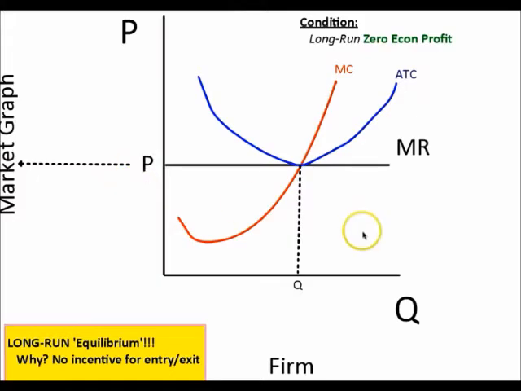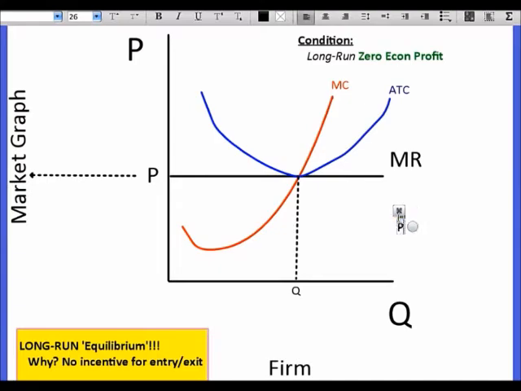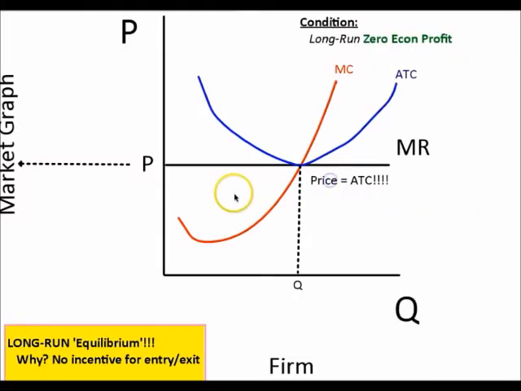All right, the condition that we see here is called equilibrium, the long run equilibrium for the perfectly competitive firm. What I want you to notice with this is that in this particular case, price equals average total cost. Extremely important for you to know: price equals average total cost.